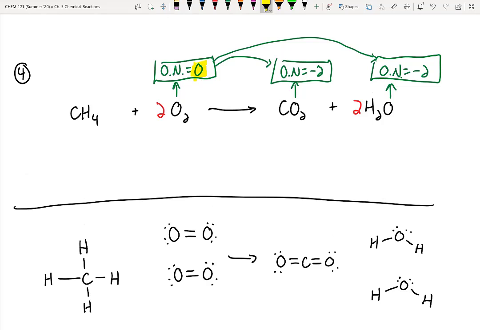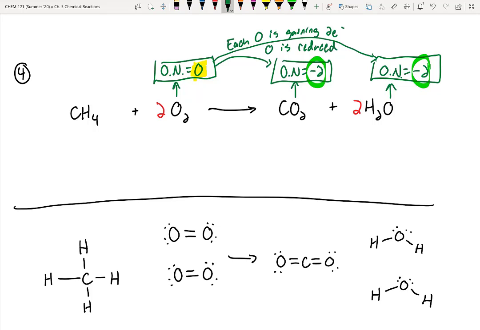But for either oxygen on the product side, whether we go here or here, it's going to -2. So is oxygen gaining or losing electrons? Gaining. Okay, so each oxygen is gaining 2 electrons, which means that oxygen is reduced.